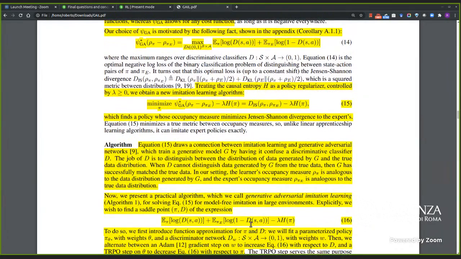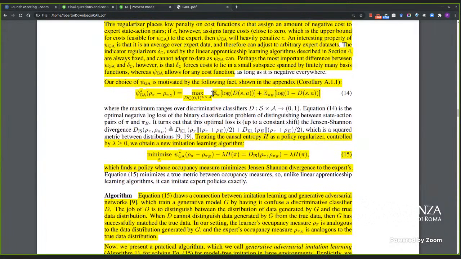Okay, so here they are trying to have the learned policy get this discriminator confused as much as possible, while the discriminator is looking at the expert data.